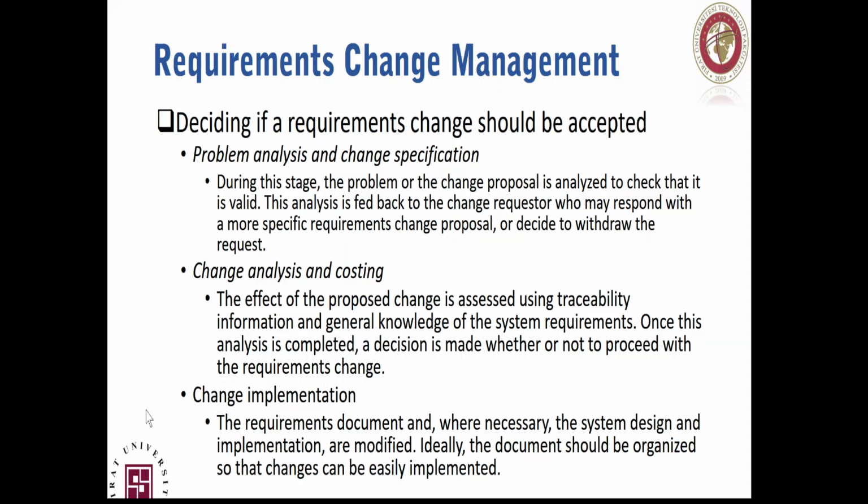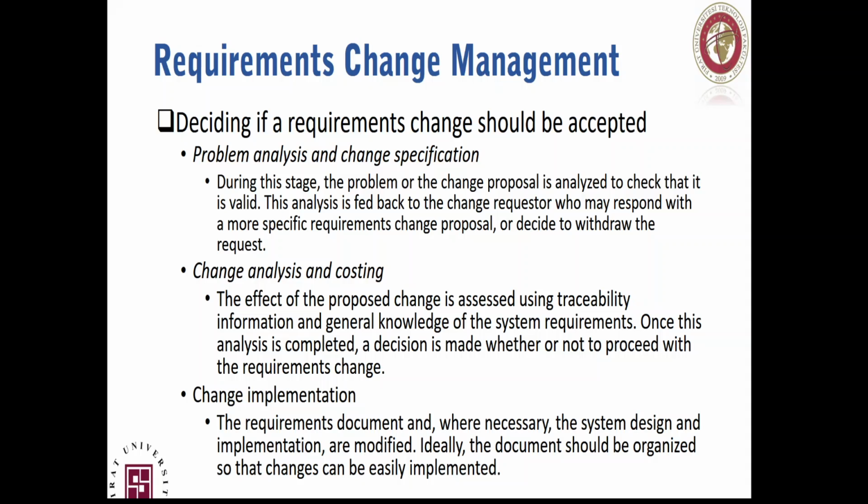Finally, the change implementation. Let's say it is within our frame of time and money. How can we implement it? We need to set the implementation in the requirements document. So we need to change the requirements document, and the change will be exactly where necessary. What does it mean? Because we said usually the requirements are not isolated, they are dependent. So if we modify one of them, we need to apply the modification wherever necessary in the document.